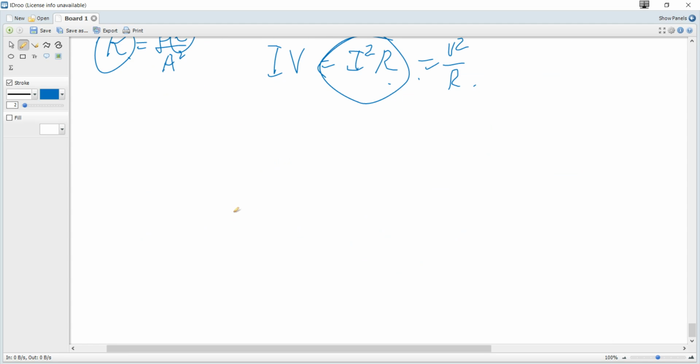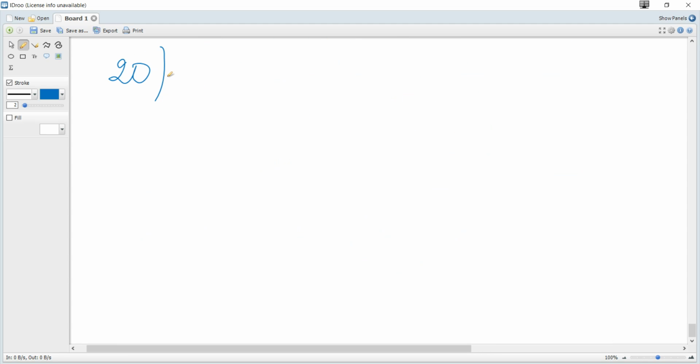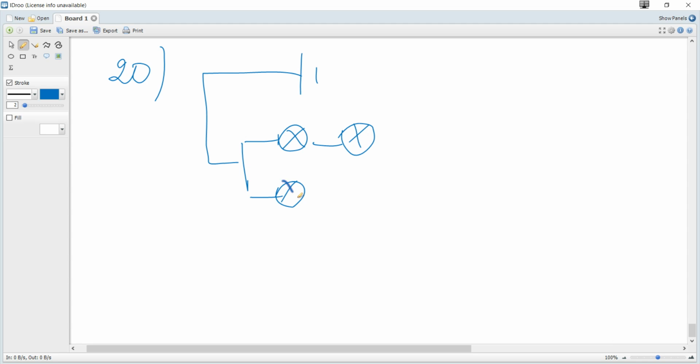20. Four identical lamps are connected in a circuit. The current through lamp L is I. 1, 2, 3, 4, and L is here, and current is I. And lamps are identical, it's very important.